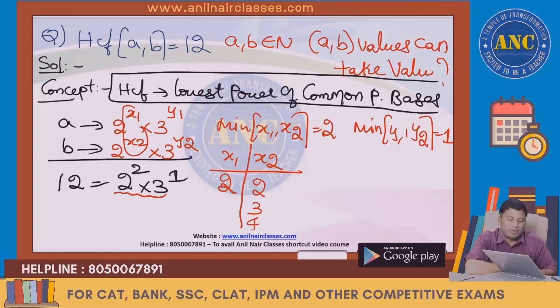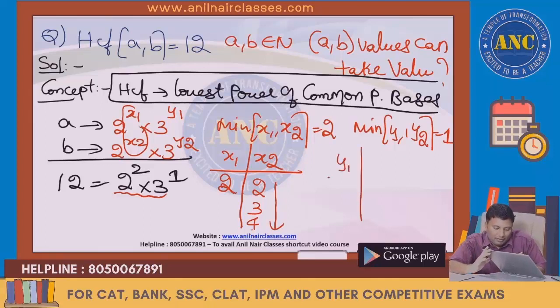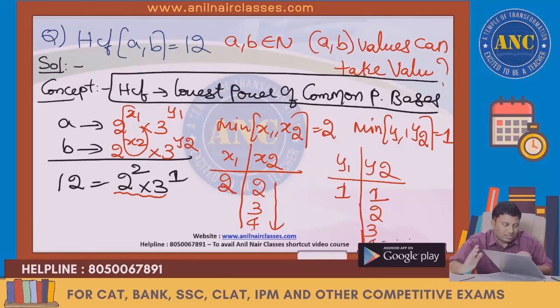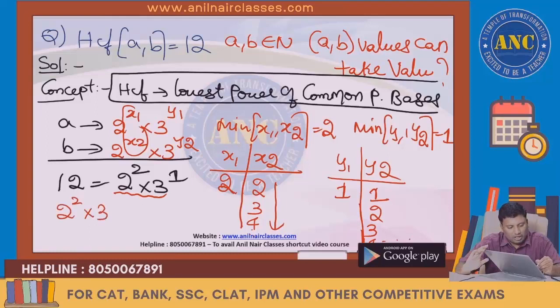Minimum of 2 comma 2 is 2, then 2, 3, 4, and so on. Many values I am getting. Are you all with me? Similarly, minimum of y1 and y2 is 1. If it is 1, this will be 1, this will be 2, this will be 3, this will be 4, and so on. Now if you observe, it is 2 power 2 into 3 power 1.